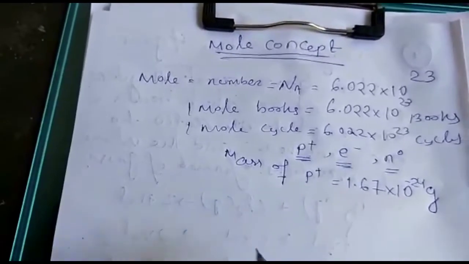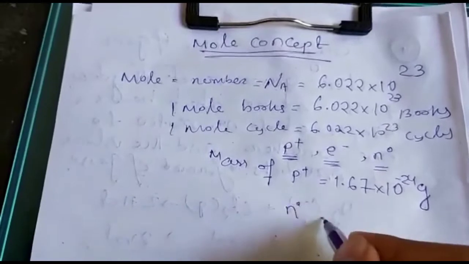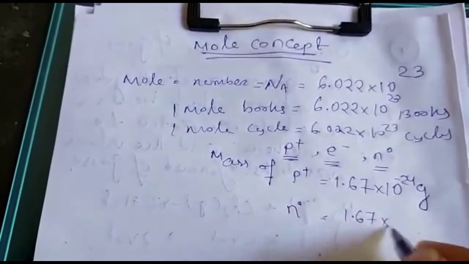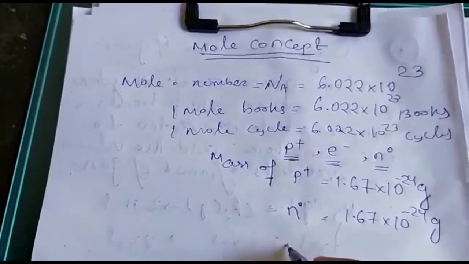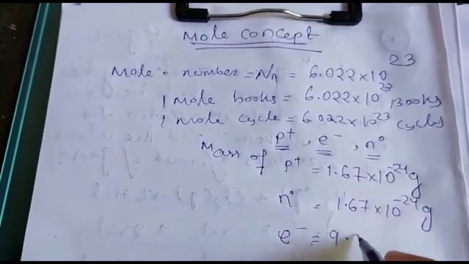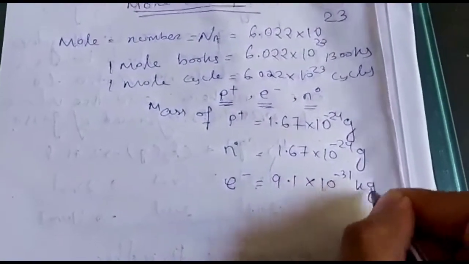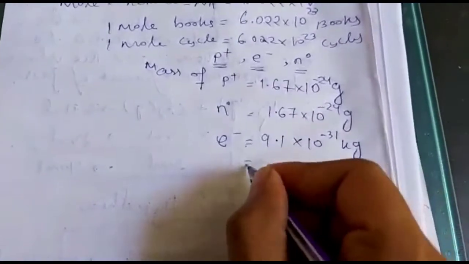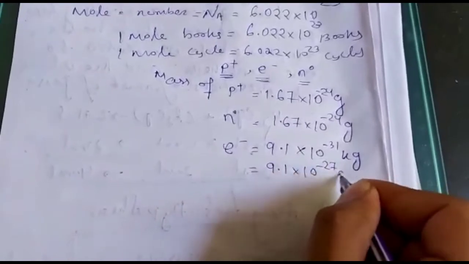The mass of neutron is also the same, 1.67 into 10 to the power minus 24 gram. Mass of electron is 9.1 into 10 to the power minus 31 kg. If you want to write in gram, it will be 9.1 into 10 to the power minus 28 gram.